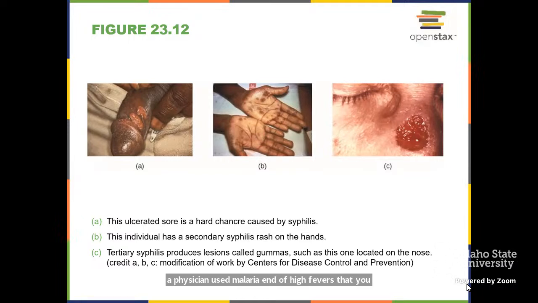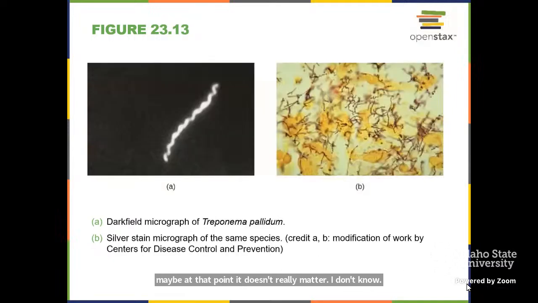They infected a patient with syphilis with malaria to treat the tertiary form of his syphilis and basically try to cook it out of them with those high fevers, which I think is terrifying that you would want to deliberately infect yourself with malaria, but you're also in the grips of death from syphilis. So maybe at that point, it doesn't really matter. I don't know. And in turn, it was apparently an effective treatment.